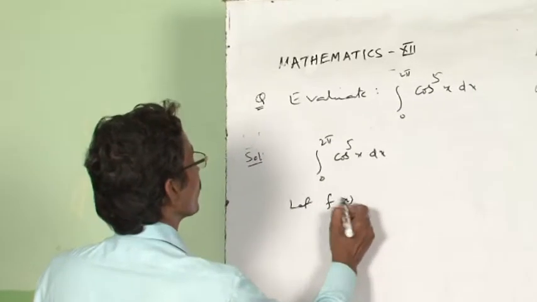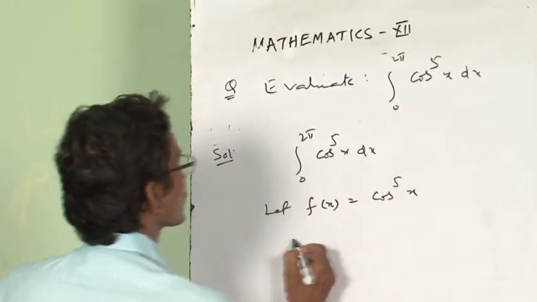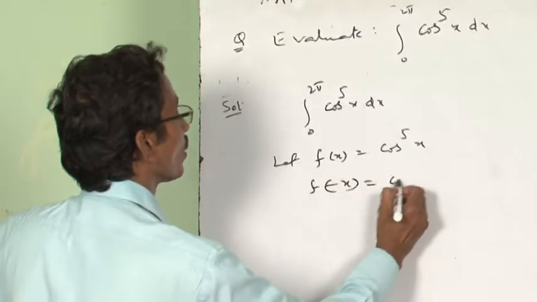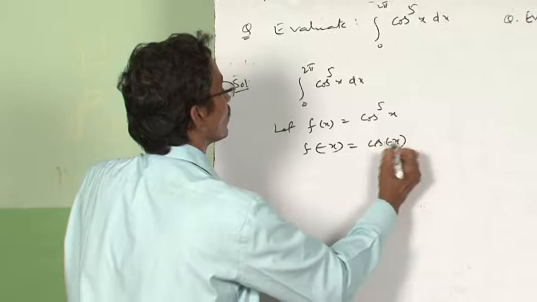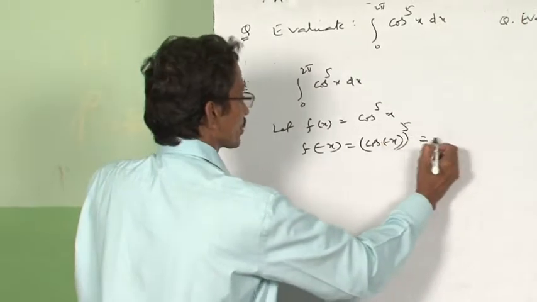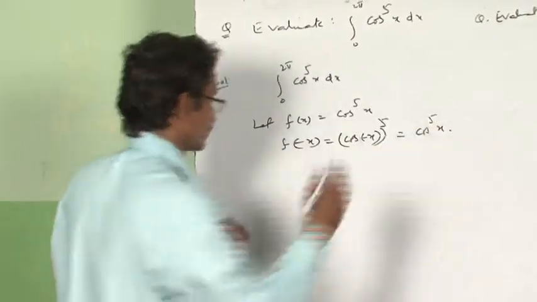Let f(x) be equal to cos^5 x. f(minus x) is equal to cos(minus x) whole power 5, which is equal to cos^5 x.